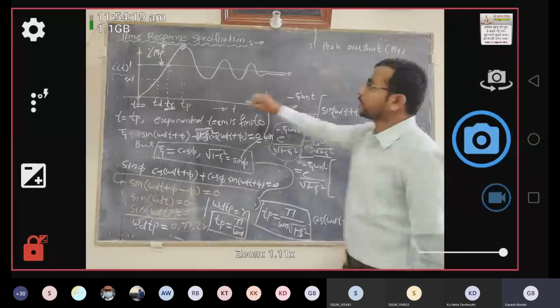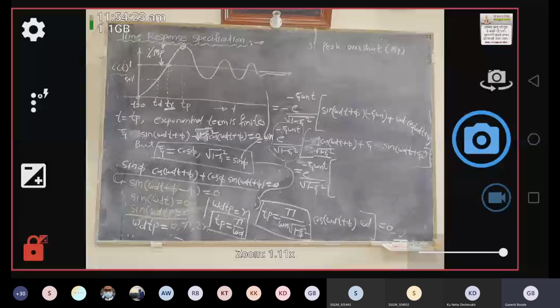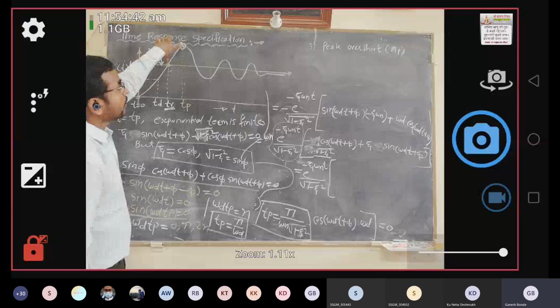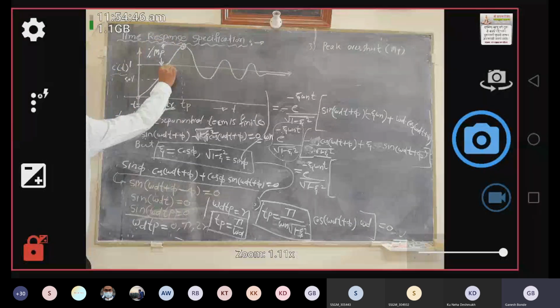If you want to determine peak overshoot, how will you derive the formula of MP? MP is simply the difference between the first peak of your time response and the 100% value. So what is the value of time response corresponding to t equal to infinity?